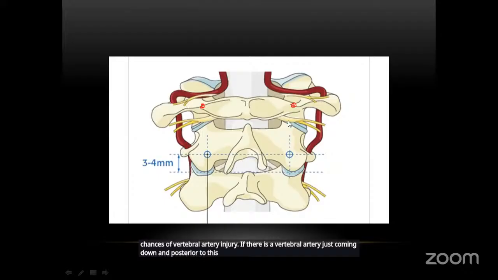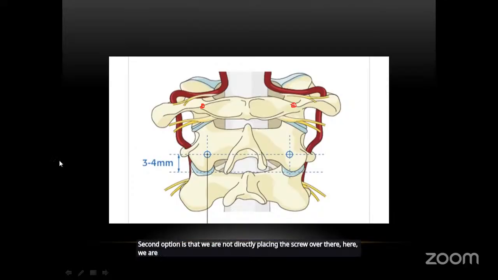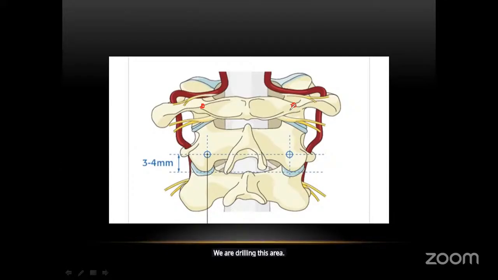The second option is that we are not placing the screw directly there. Here we are drilling this area, the lower part of C1, then putting the screw in the lateral mass of C1. Not directly placed. This is one option for C1.